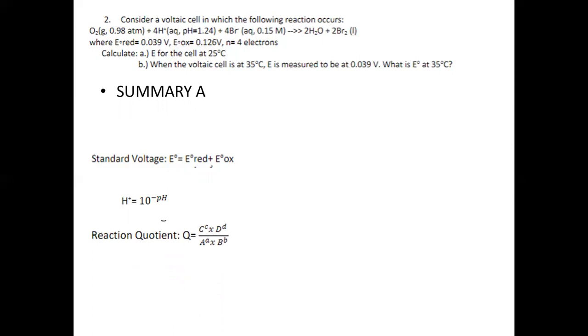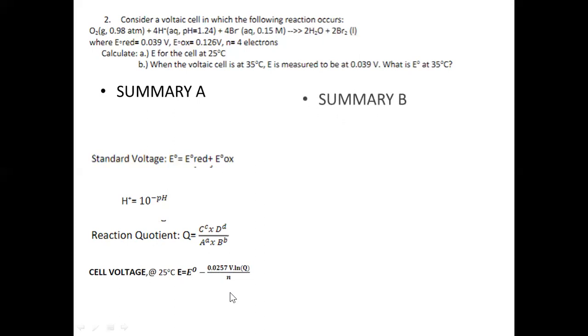So this is the third step. Reaction quotient, Q is equal to the product all over reactant. And after getting your Q, we may now substitute Q in the following equation for the cell voltage at 25 degrees Celsius, which is equal to the standard voltage we solved earlier minus 0.0257 volts times the natural logarithm of Q all over N.